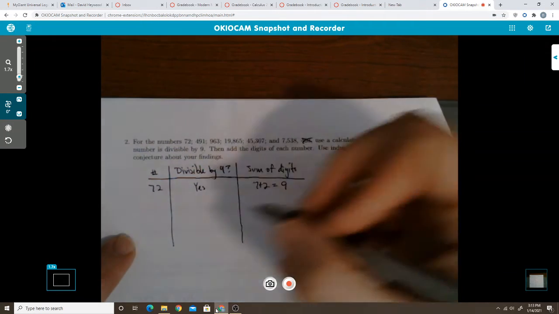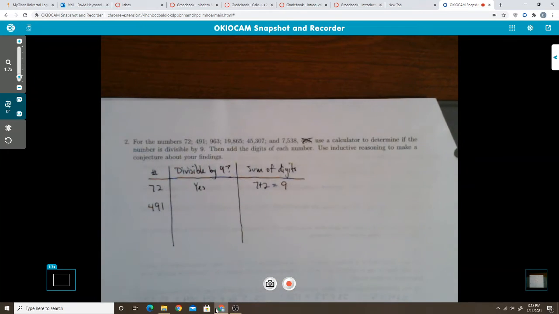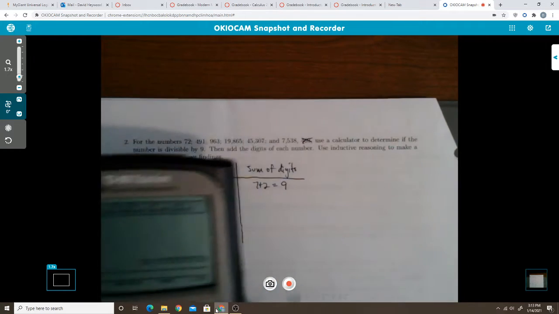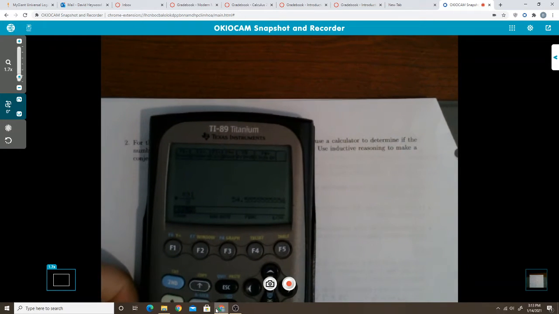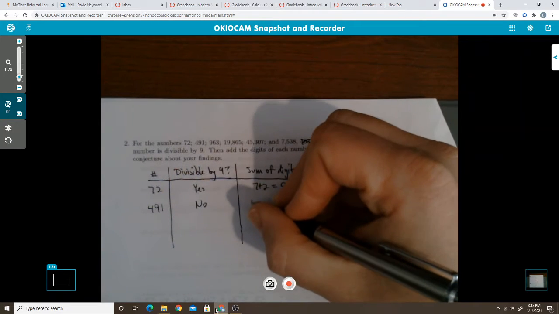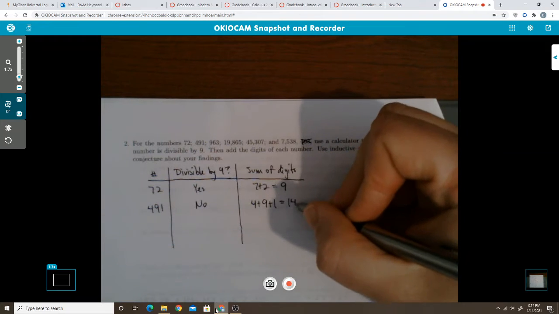Okay, next number, 491. Is it divisible by 9? Well, I'm going to use my calculator for this one. 491 divided by 9 is not a whole number, so the answer is no. So I know that 491 is not divisible by 9. What's the sum of its digits? 4 plus 9 plus 1 is 14.